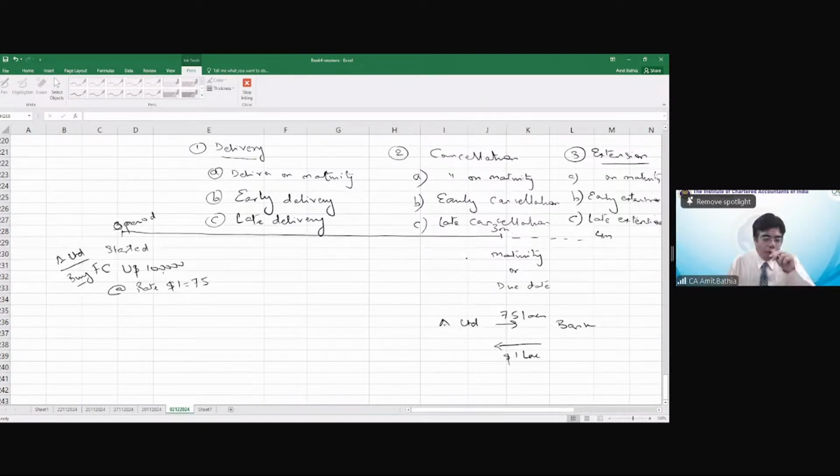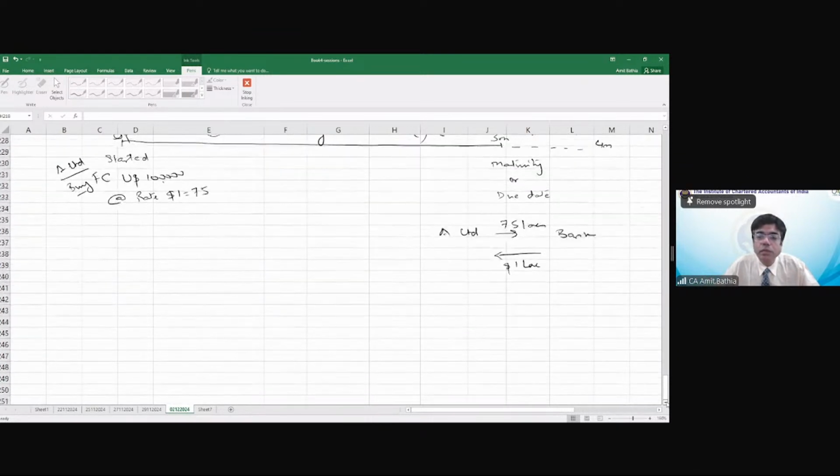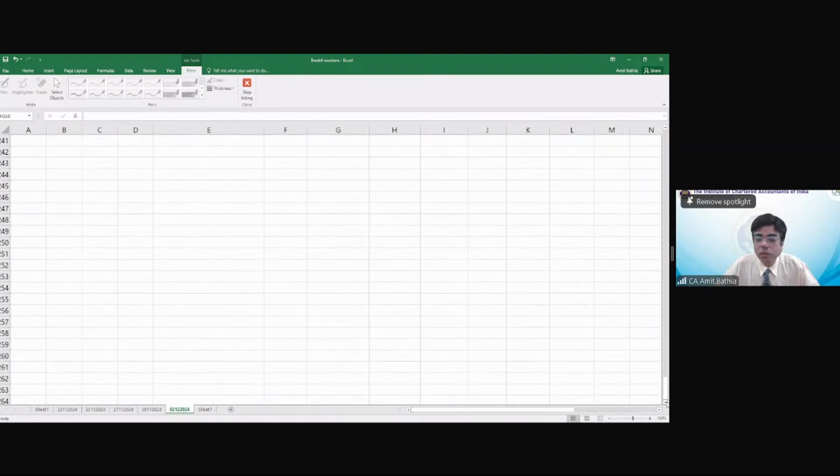Let us now understand with one example. I'm going to start right from scratch. Let's say, for example, A Limited is approaching the bank that I want a forward cover.